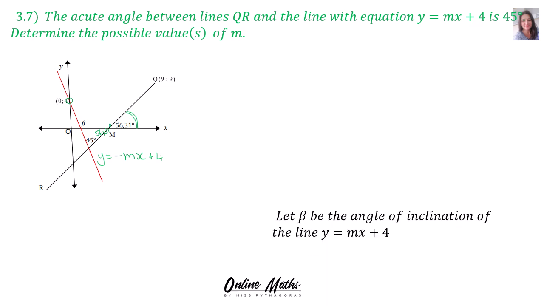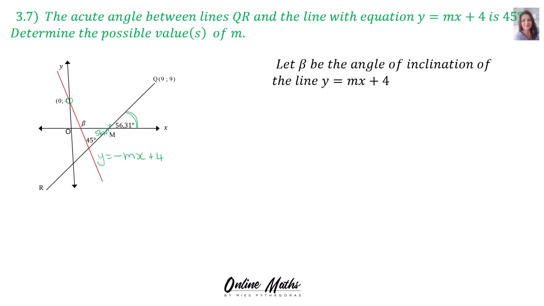Let beta be the angle of inclination of the line again. Then beta is equal to 45 degrees plus 56,31. Again, the reason is that the exterior angle of a triangle is equal to the sum of the opposite interior angles. We work out what beta is.